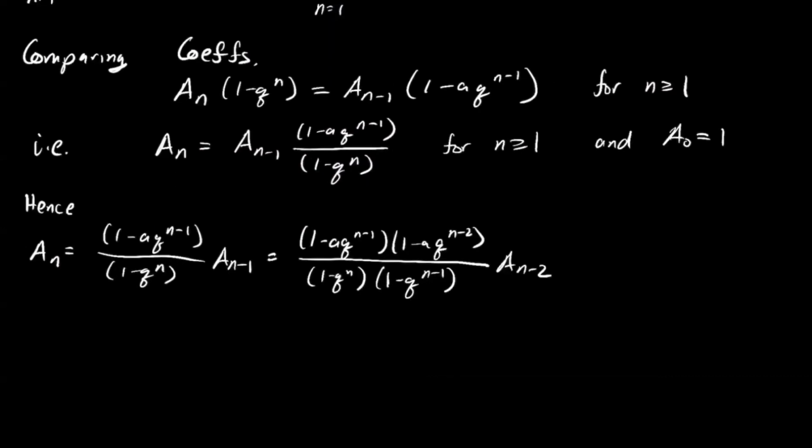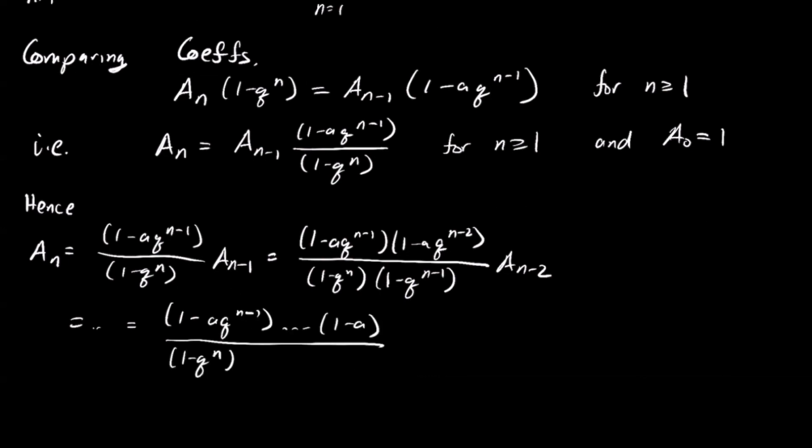Eventually we have to stop at a0. In the numerator, eventually we're going to hit 1 minus a. In the denominator, we have 1 minus q to the n, and eventually we'll hit 1 minus q. And this will be times a0, so times 1.